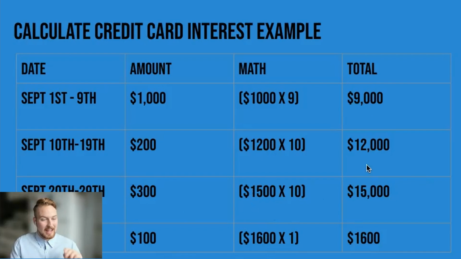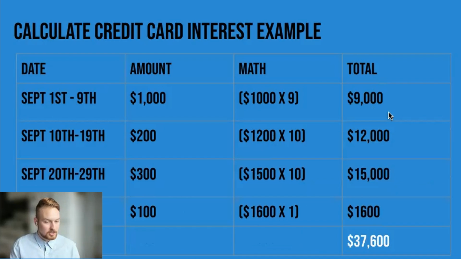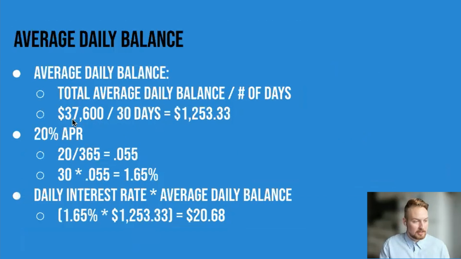From there, you're going to add all of these up and divide by 30, the number of days. The total balance here is $37,600, and we're going to divide that by 30.